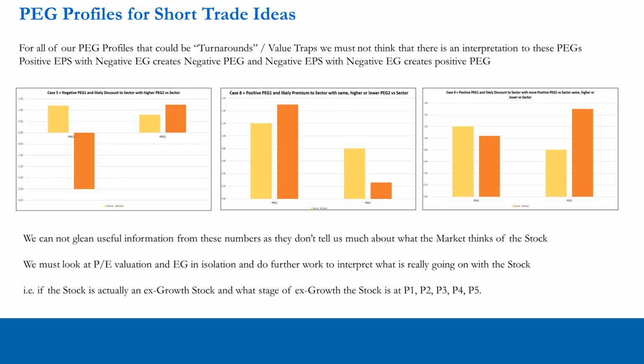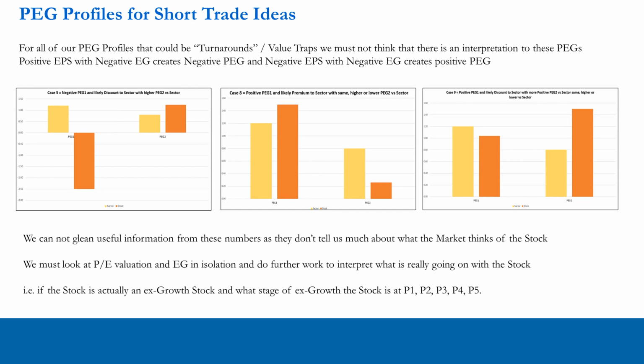So we can't glean useful information from these numbers because they don't tell us much about what the market thinks of the stock. Our interpretation is going to be a weak interpretation.